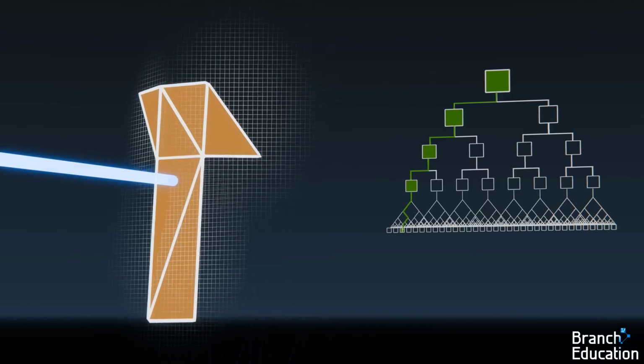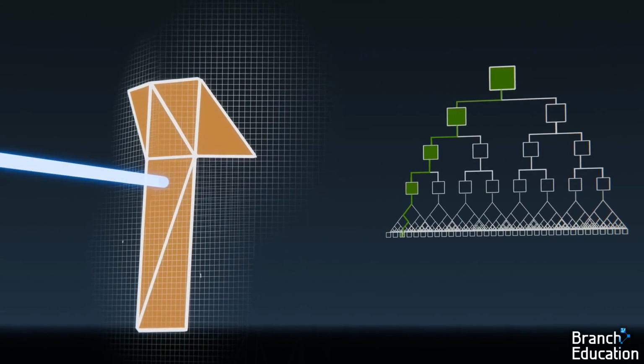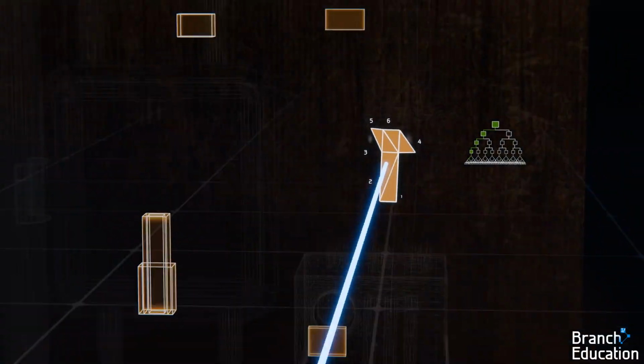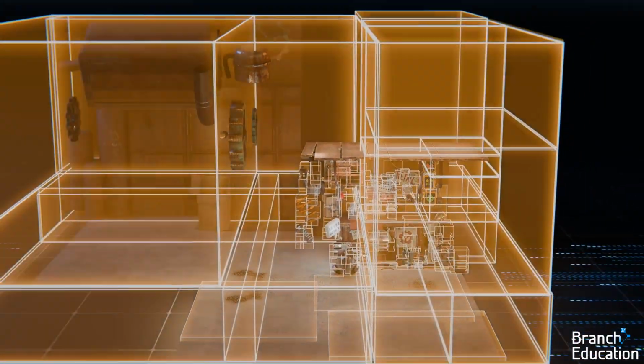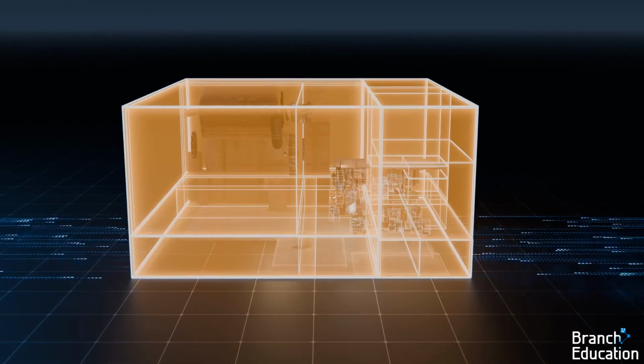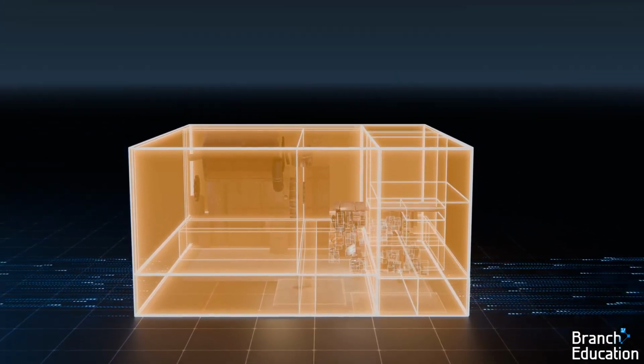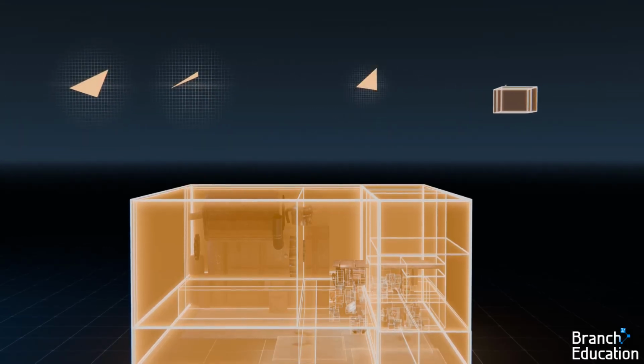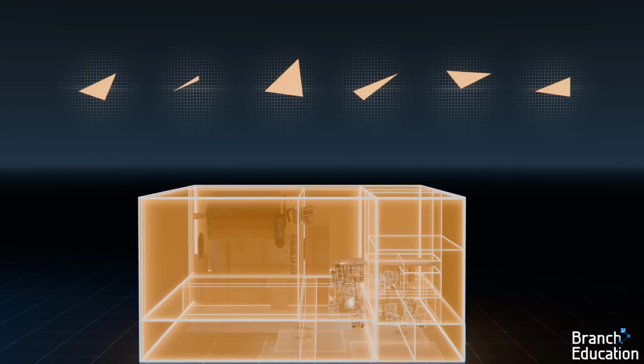We then do the ray triangle intersection calculation that we mentioned earlier with just these 6 triangles. As a result, BVH trees and traversal reduce tens of millions of calculations down to a handful of simple ray box intersections followed by 6 ray triangle intersections.